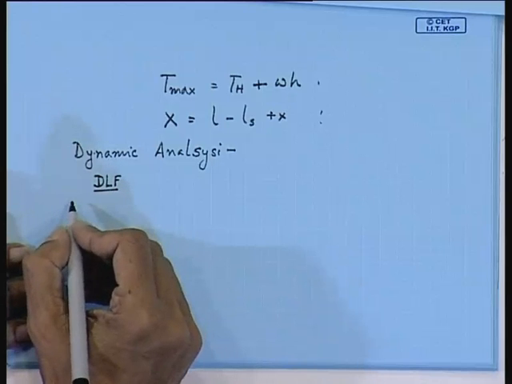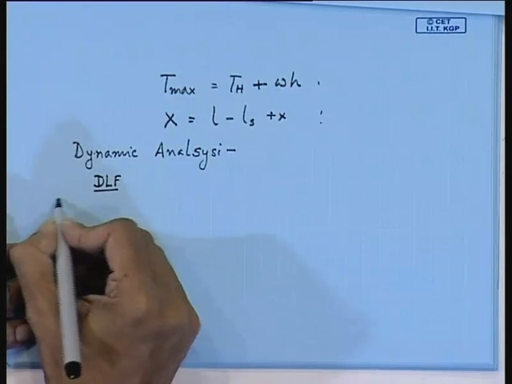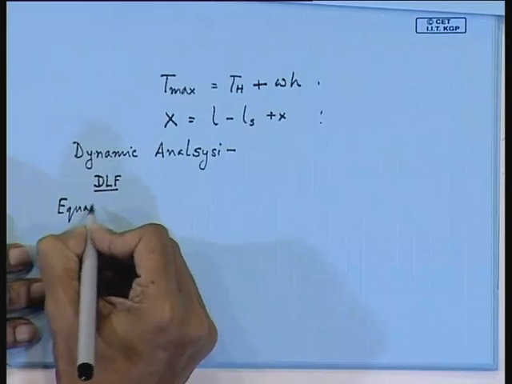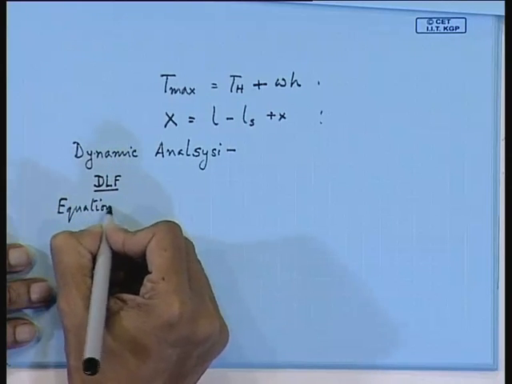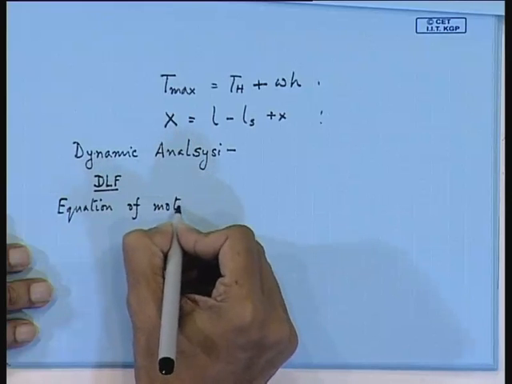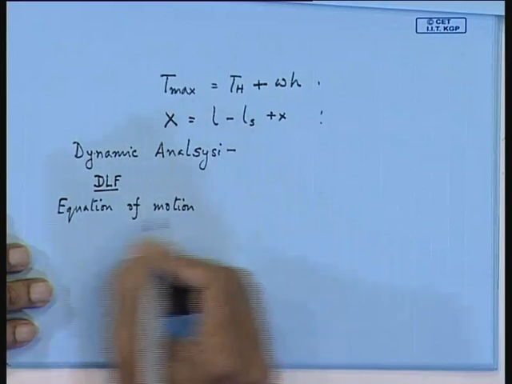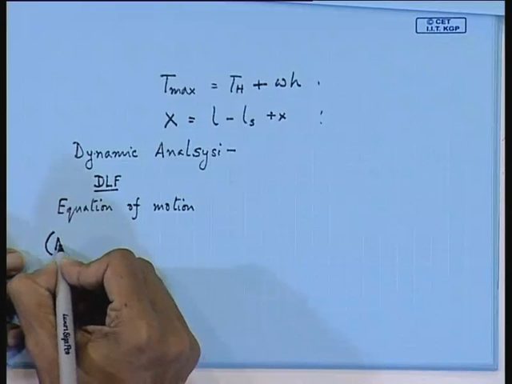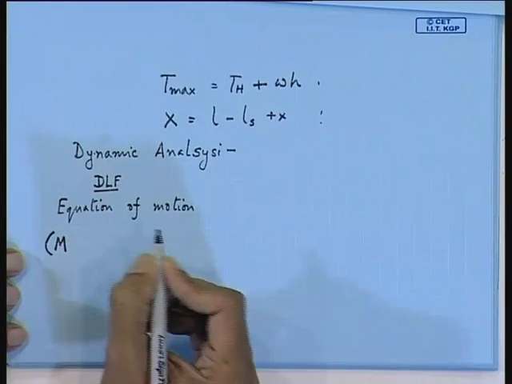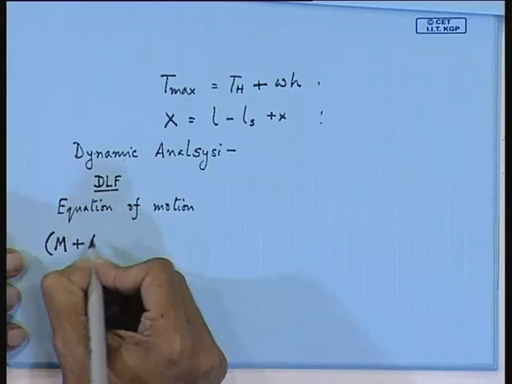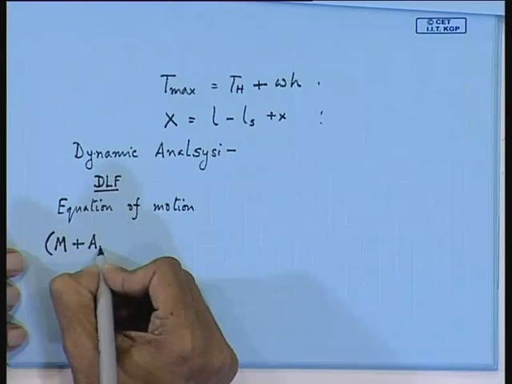So say you find out the equation of motion in surge. Say the equation of motion will come out like this. Any equation of motion. Now there will be one mass term, that is your displacement of the ship, plus you have to find another term which is called added mass.